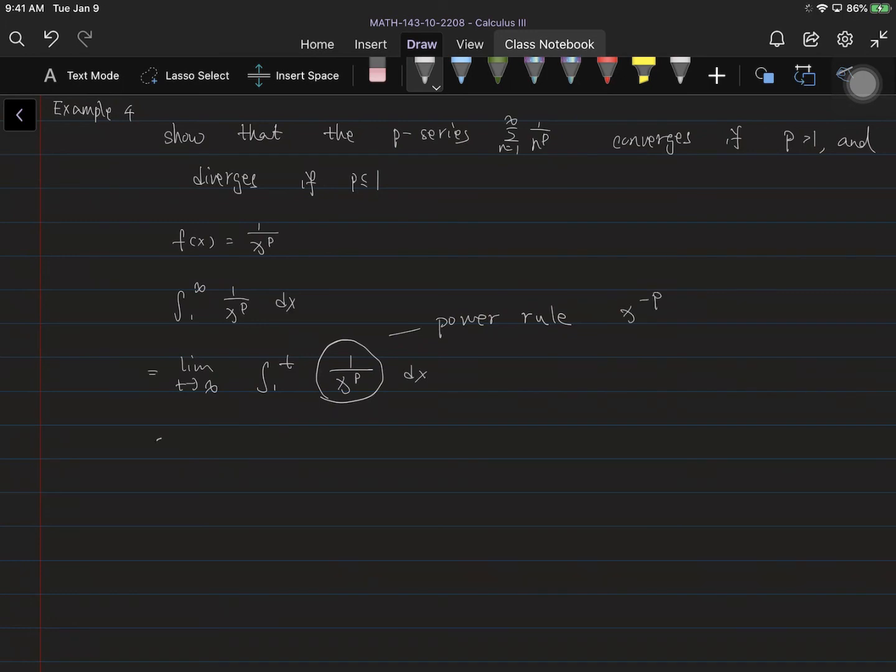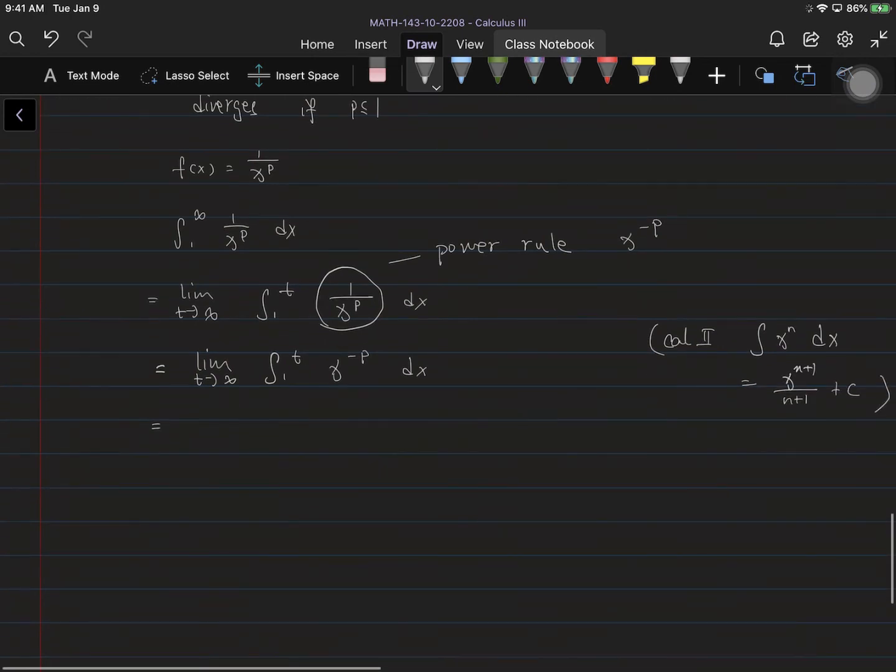Do you still remember in Calc 2, the integral of x to the n dx is x to the n plus 1 over n plus 1? That's the formula for the power rule.